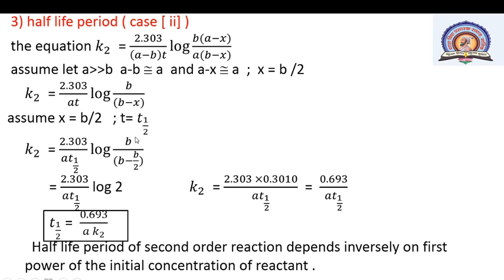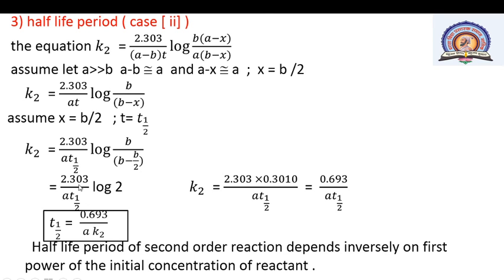Then the above equation becomes k2 is equal to 2.303 divided by a into t half, log of b divided by (b minus the value of x, which is b by 2).